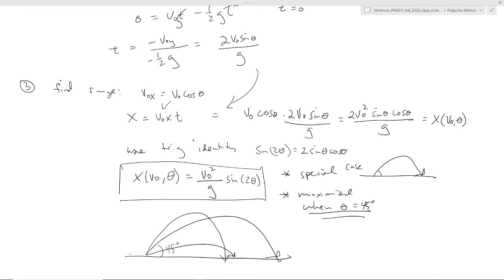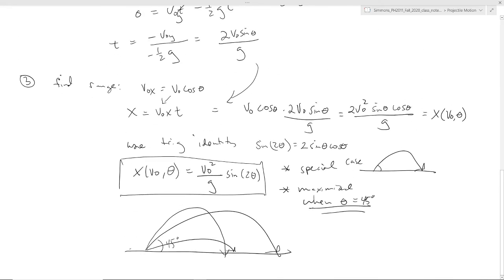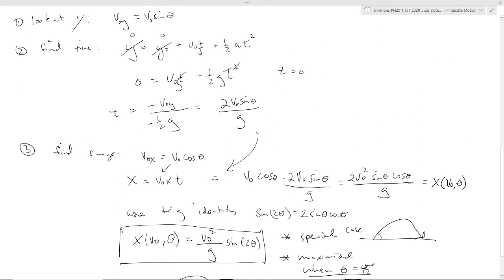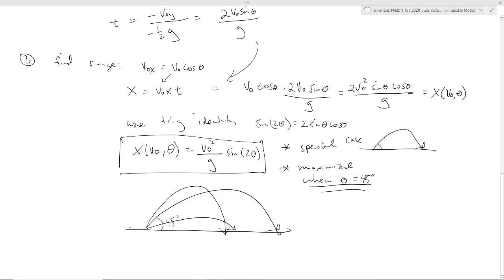So this is an expression that they have in your textbook, and we'll make use of it here with an example in a second. So that kind of shows you how I recommend thinking about this. You look at y, you find the time, and then you can find horizontal distance.